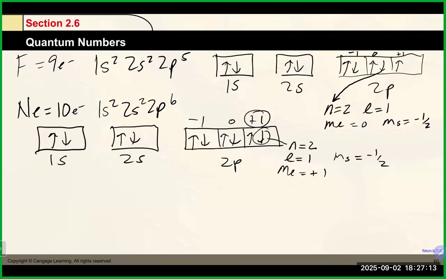Okay, so why don't you do calcium, which is 20? Why don't you write the electron configuration for it?